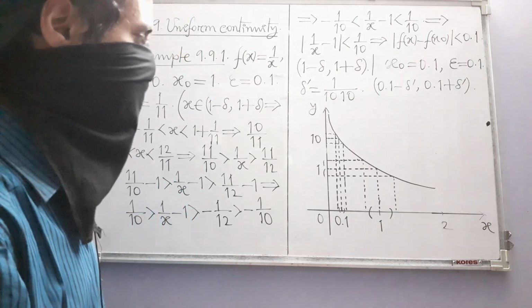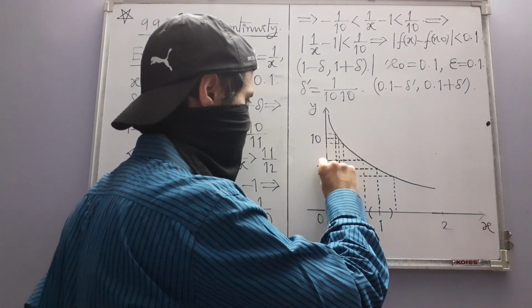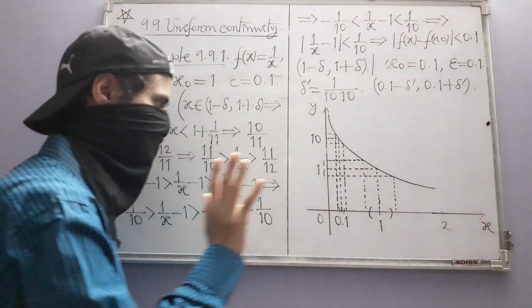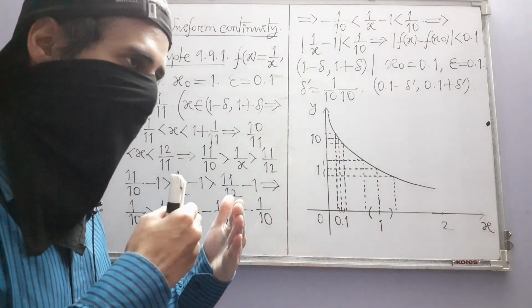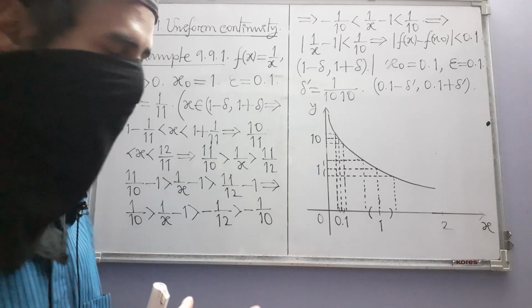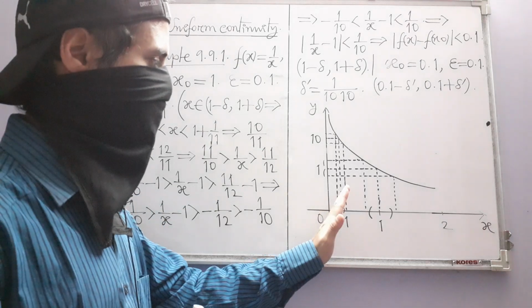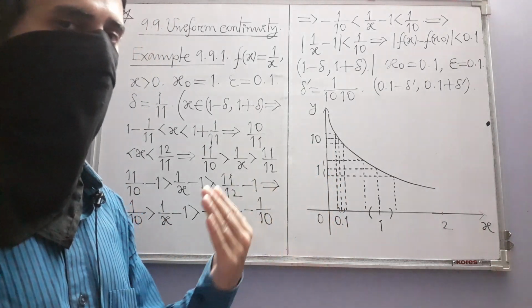In what sense? In the sense that in order to keep your output values within a certain distance, and that distance we are not changing, we are having smaller and smaller islands of stability. That means the situation is getting out of hand. It is becoming more and more unstable as we are going nearer and nearer the origin.